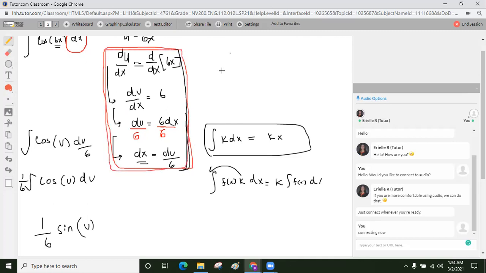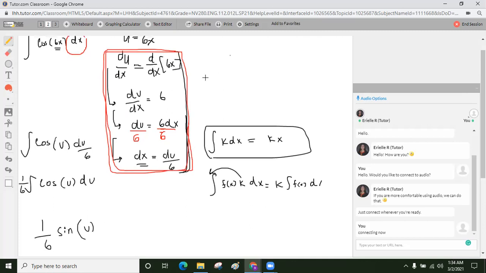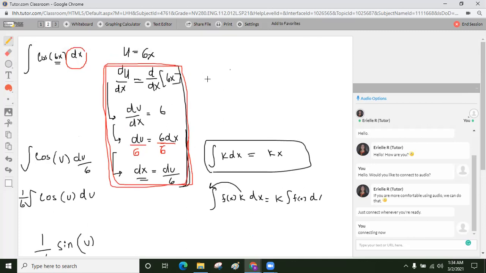Okay, so we set the inner function to u, and then part of the process is to get the derivative of u with respect to x. The reason we do that is to transform your function into an integration formula that we recognize, like what we did with this one. So this is an integration formula that we recognize.